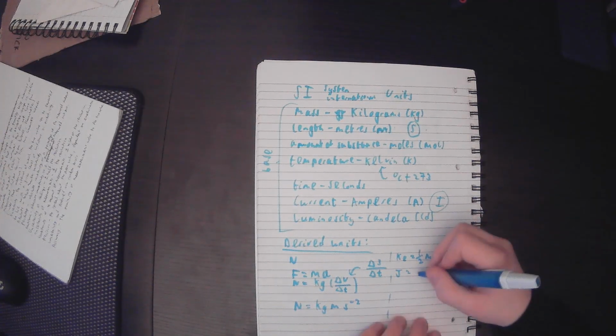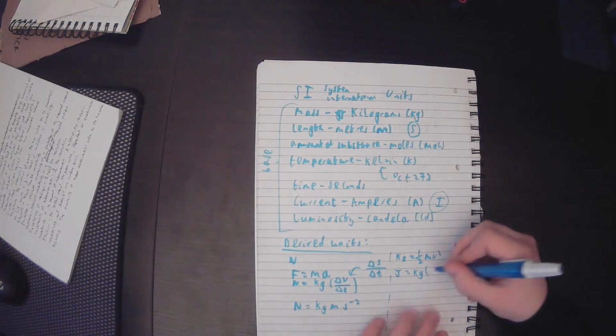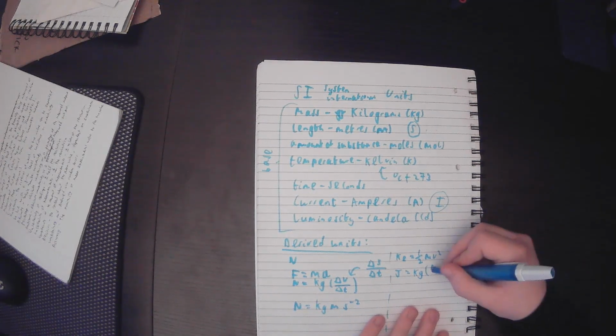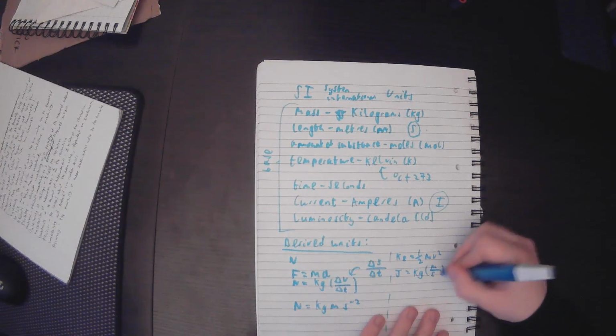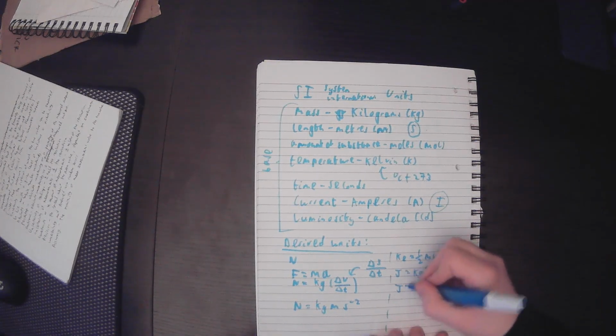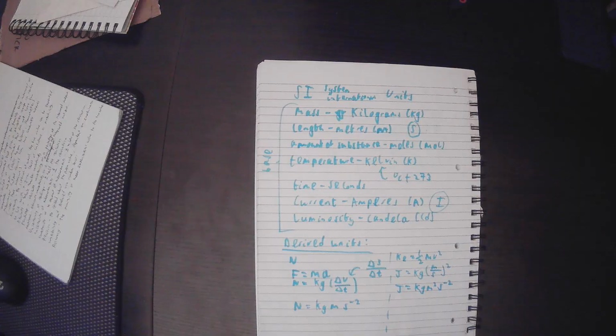And mass, we've already seen, is kilograms. And velocity squared is change in distance, so meters, over change in time, which is seconds squared. So joules equals kilogram meters squared per second squared.